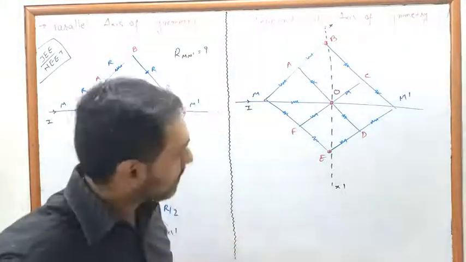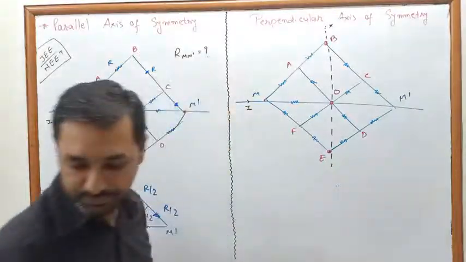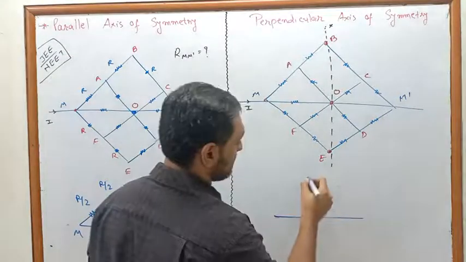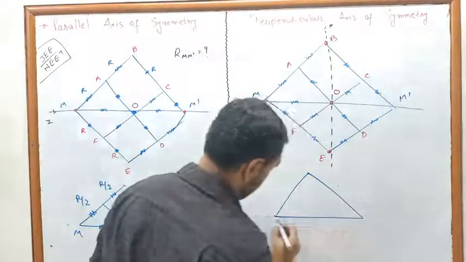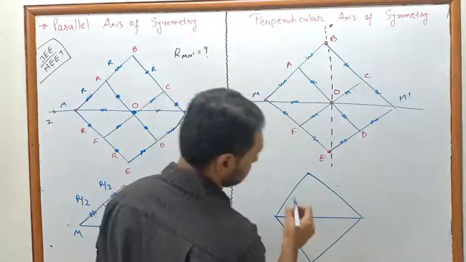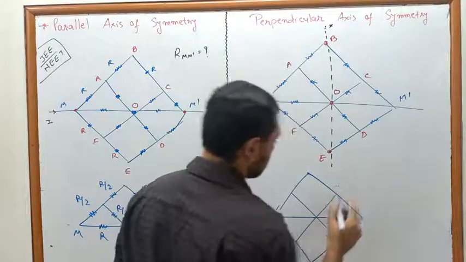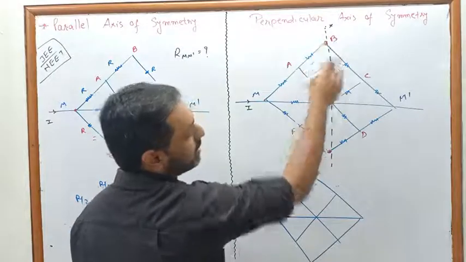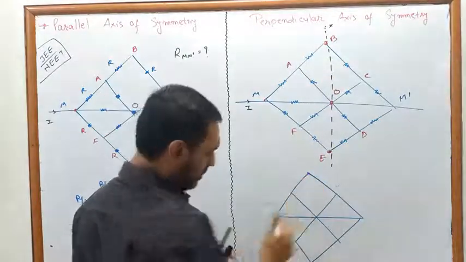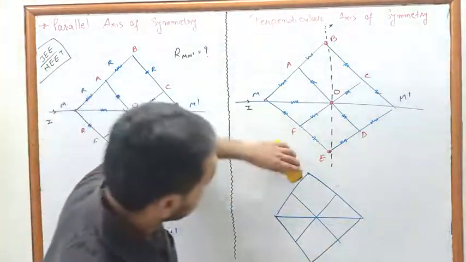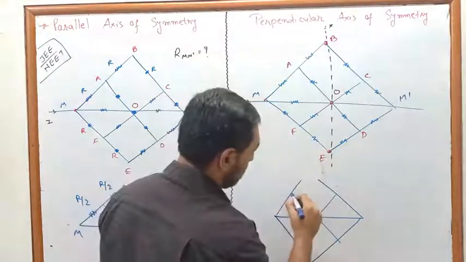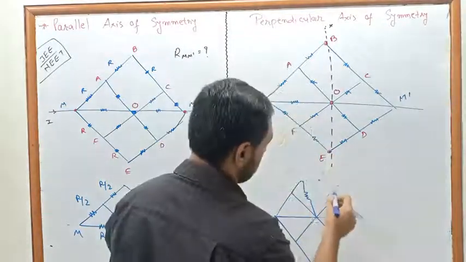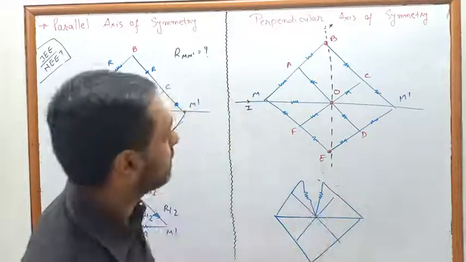Means I can reduce the network like this. Earlier it was like this. Now what I can do is join this point B, point O, and point E. So instead of this connection, I'll join over here, and this point E will come here.